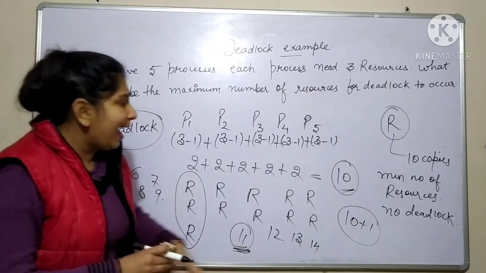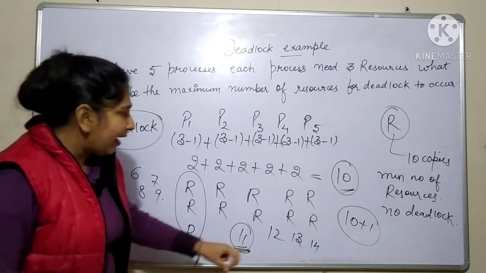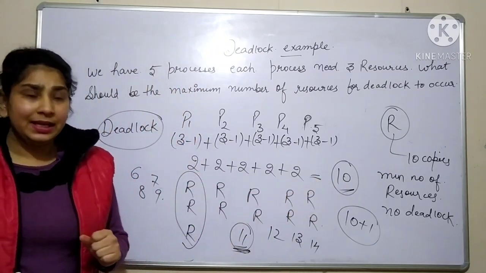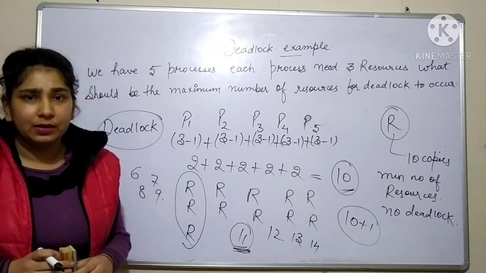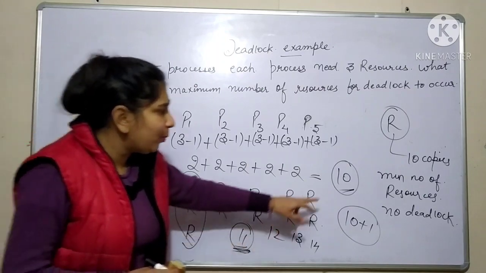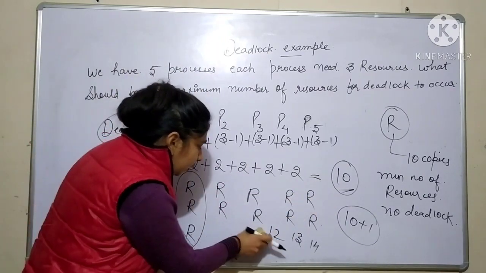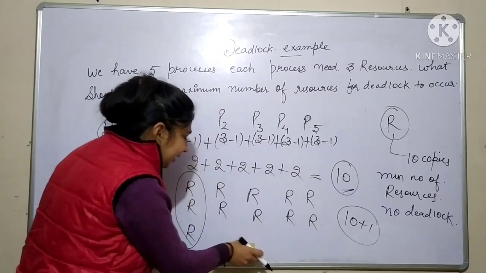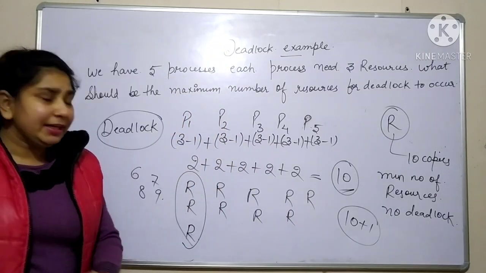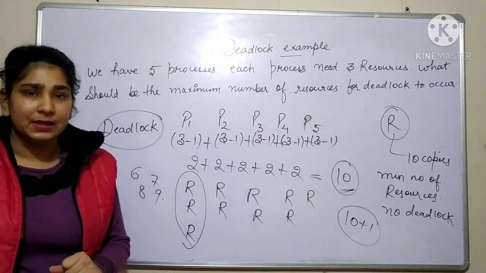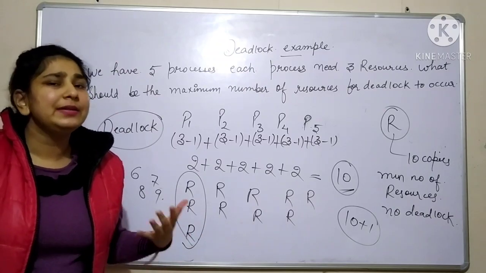If you have 10 resources, it is not sure that you will get the deadlock. There is also a chance that you might not get deadlock. Even if you have 10 resources, still there is a chance that you might not get deadlock.